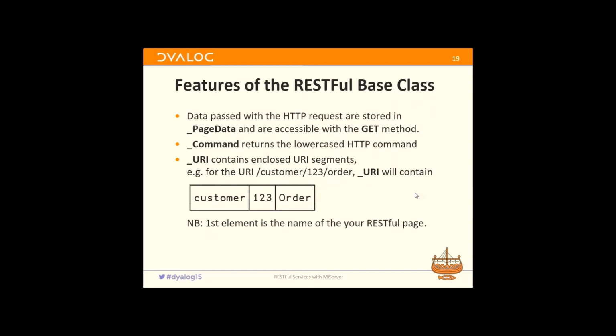For instance, the options verb returns text as opposed to JSON. So we expose a couple of methods to make it easier to do things like change your content type, set headers, things that you'd be more likely to do in a web service environment than in the typical MyPage environment.